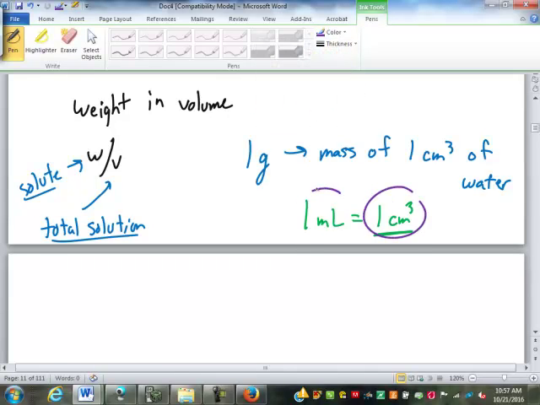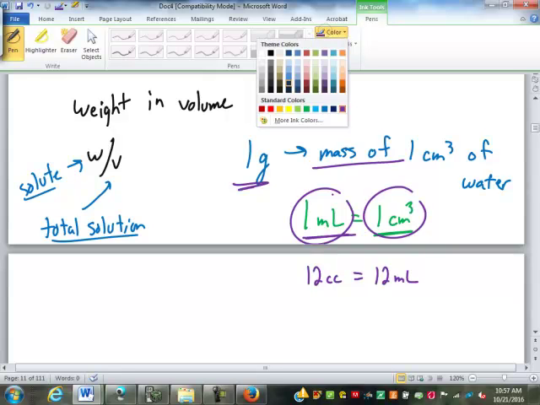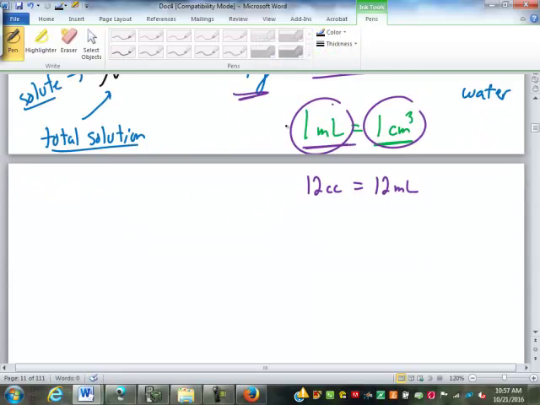So a cubic centimeter and a milliliter are the same thing. So if you see something that is listed as 12 cc's, that's just 12 milliliters. So 1 gram is the mass of 1 cubic centimeter or 1 milliliter of water. So a weight in volume solution is your weight in grams compared to our volume in milliliters.